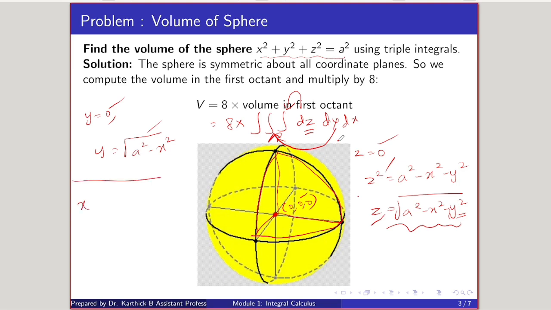If you go for x, so what is happening here? Simply z's lower limit is 0 and the upper limit will be square root of a square minus x square minus y square. And if I go for the next limit as y, I will evaluate the given function with respect to z. There will not be any term in the form of z. Next I am going to evaluate with respect to y.